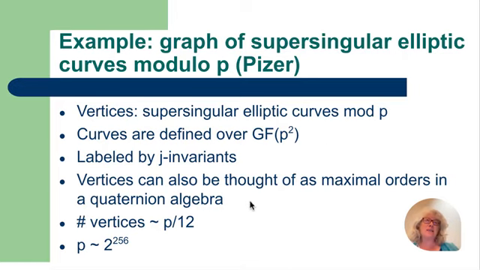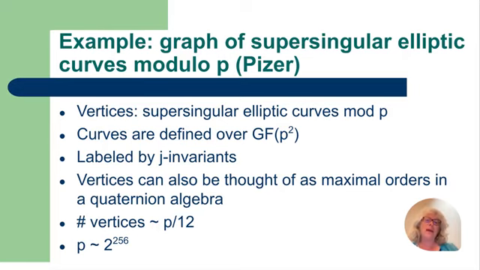Instead, each vertex of the graph is an isomorphism class of supersingular elliptic curves mod p, defined over either F_p or F_p squared and labeled by their j-invariants. The vertices can also be thought of as maximal orders in a quaternion algebra, by looking at the endomorphism ring of the supersingular elliptic curve.